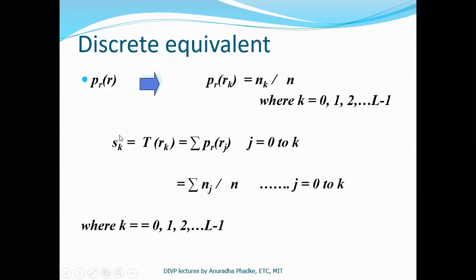So we can achieve histogram equalization, or get the processed gray value S_k, simply by cumulative addition of normalized histogram values. So S_k is given by the summation of n_j by n, and j runs from 0 to k.